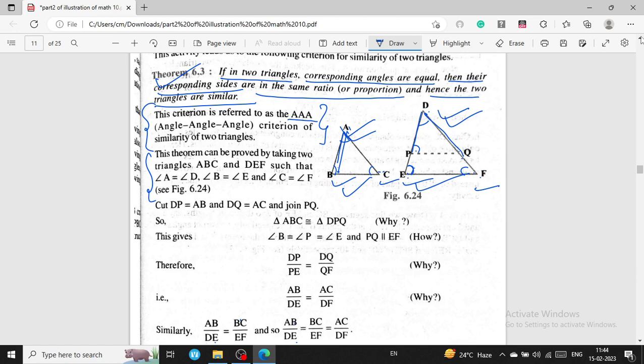Then we draw a line PQ which divides DE at P and DF at Q, DP over PE and DQ over QF, and PQ is parallel to EF.